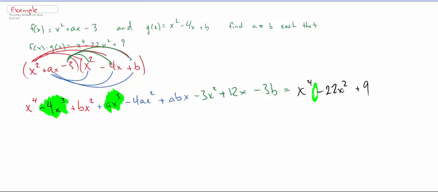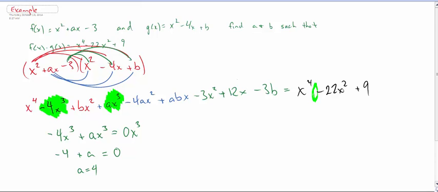So what that means is that negative 4x cubed plus ax cubed has to equal 0x cubed. So negative 4 plus a should give me 0. A is 4, probably.